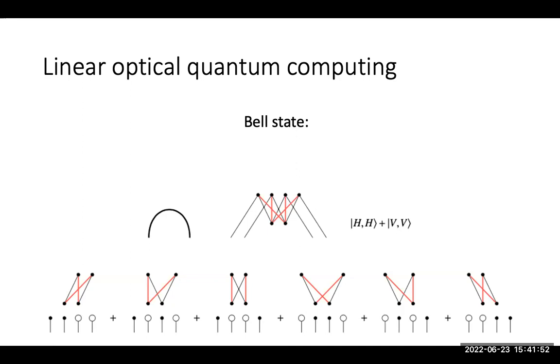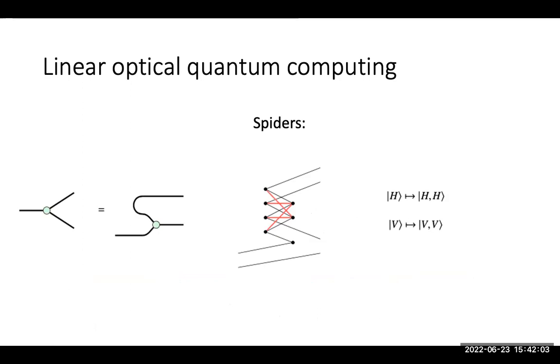So if you just take any ZX diagram and you interpret it using this functor into optical protocols, you will get exponentially lower probability of the actual circuit being executed in the right way, the actual ZX diagram being executed, because most of the time these photons are not going to be found in those spots.